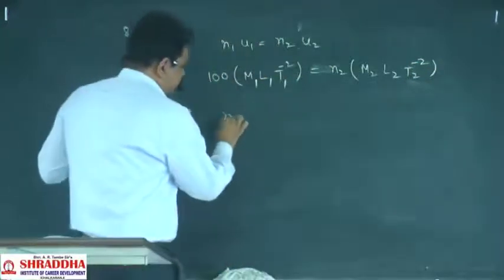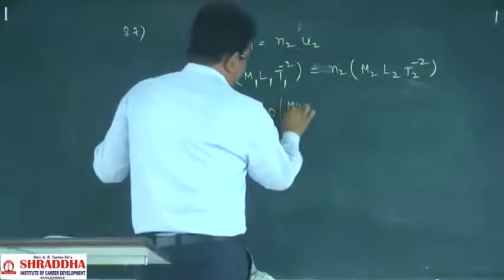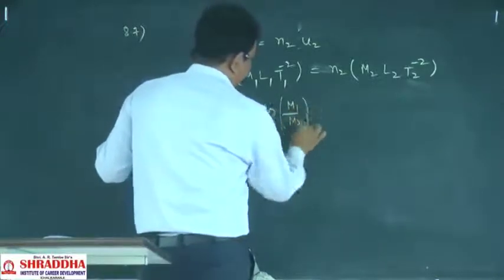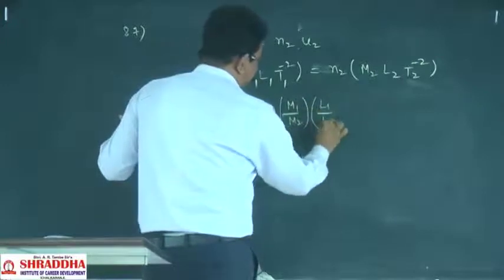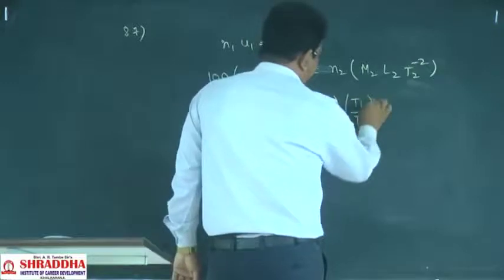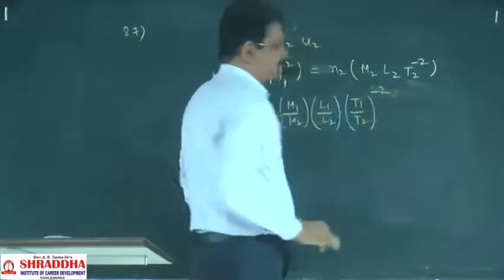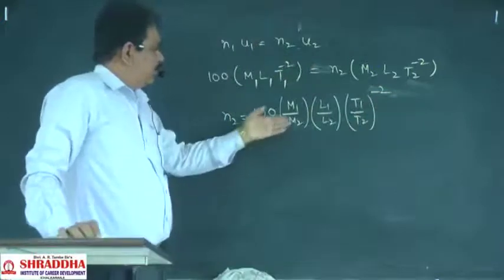Then N2 is equal to 100 M1 by M2, L1 by L2, T1 by T2 power minus 2. Okay.